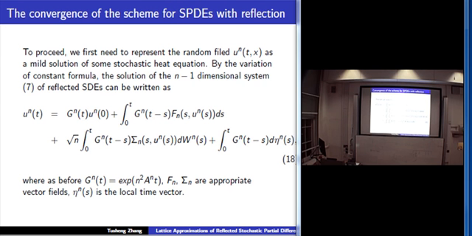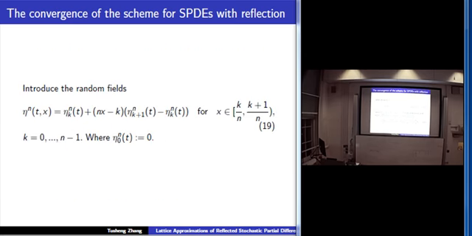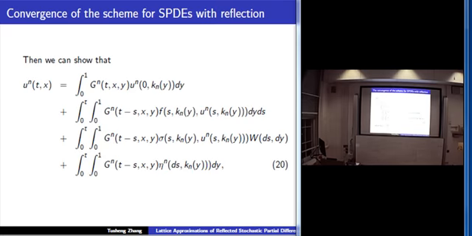So this will approximate the random field, random measure eta. Now let's compare these two. So let's call this part Vn.